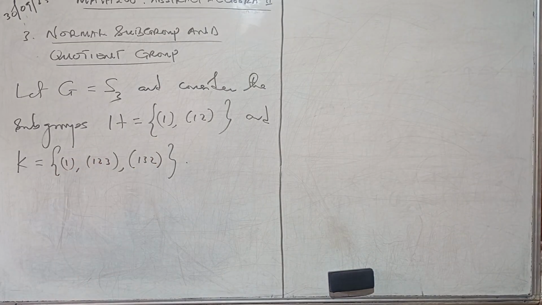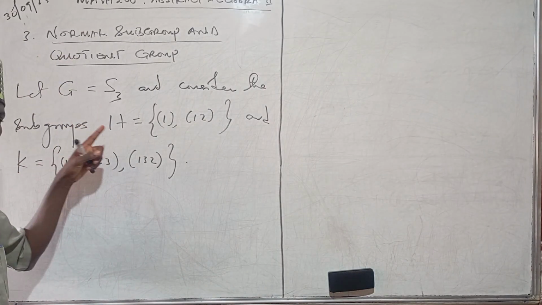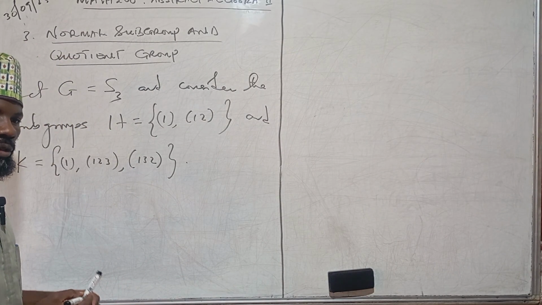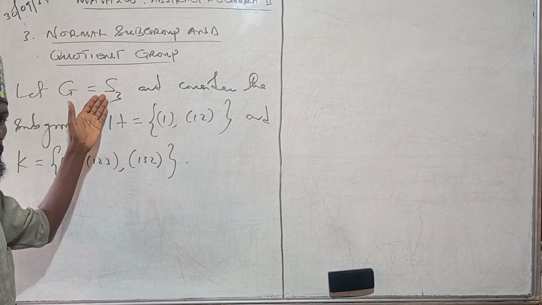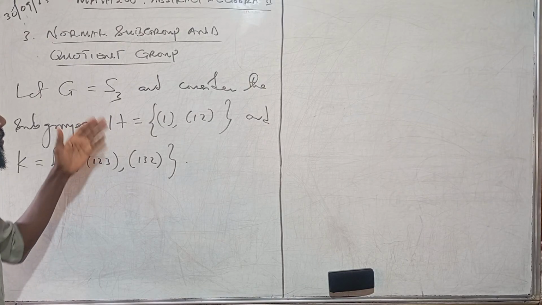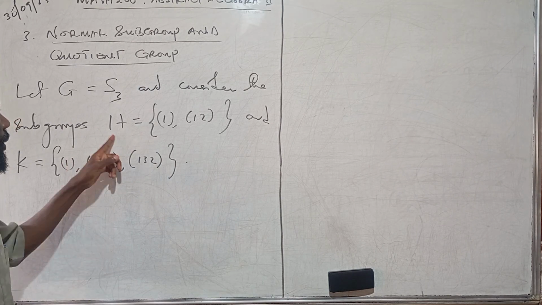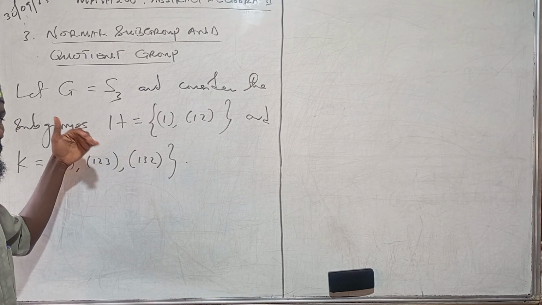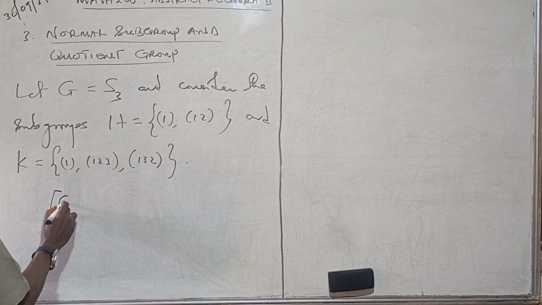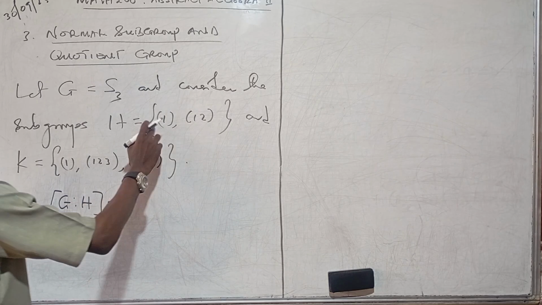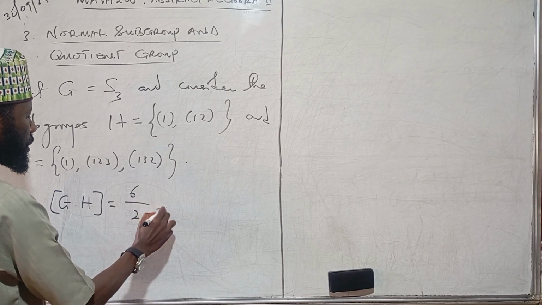Then the left cosets of this subgroup, from what we have learned in our discussion on Lagrange's theorem: the order of the subgroup is a divisor of the order of the group, and the number of distinct cosets of H in the group G will be the index. In this case, you have 6 elements in the group and 2 elements in H, so it will be 6 over 2, which is 3.